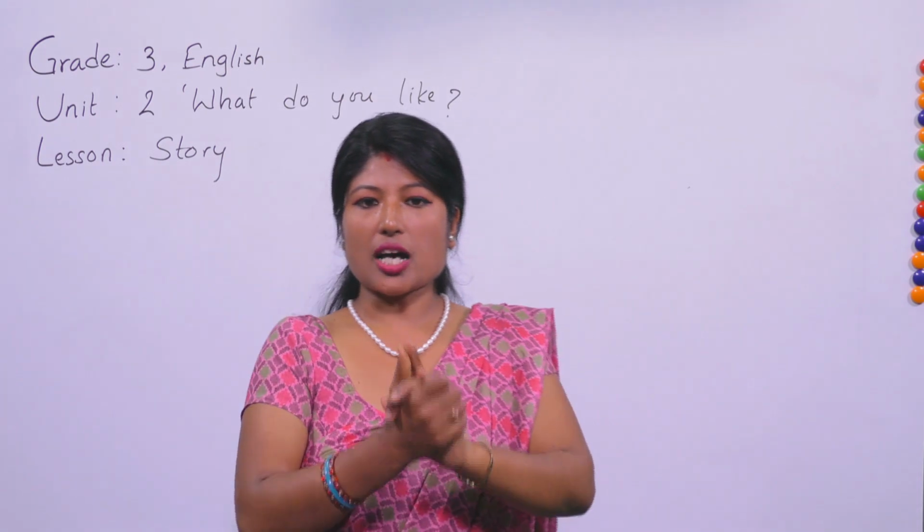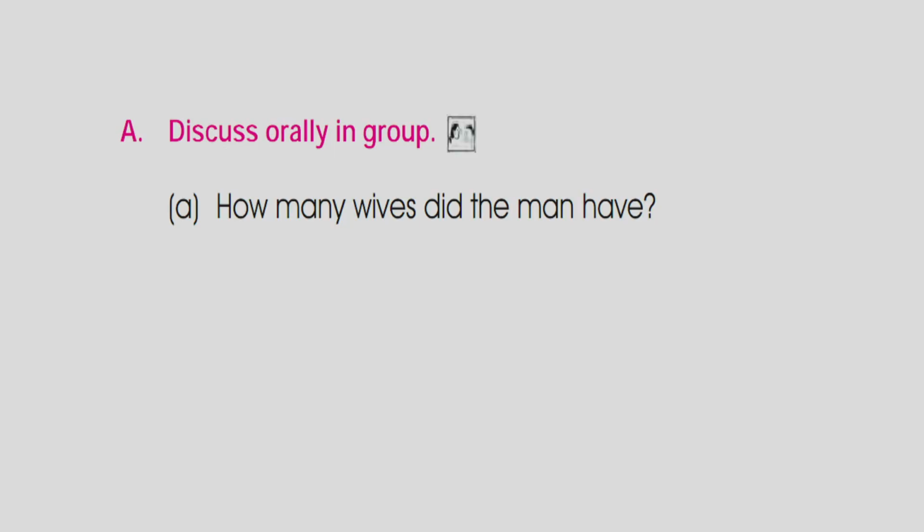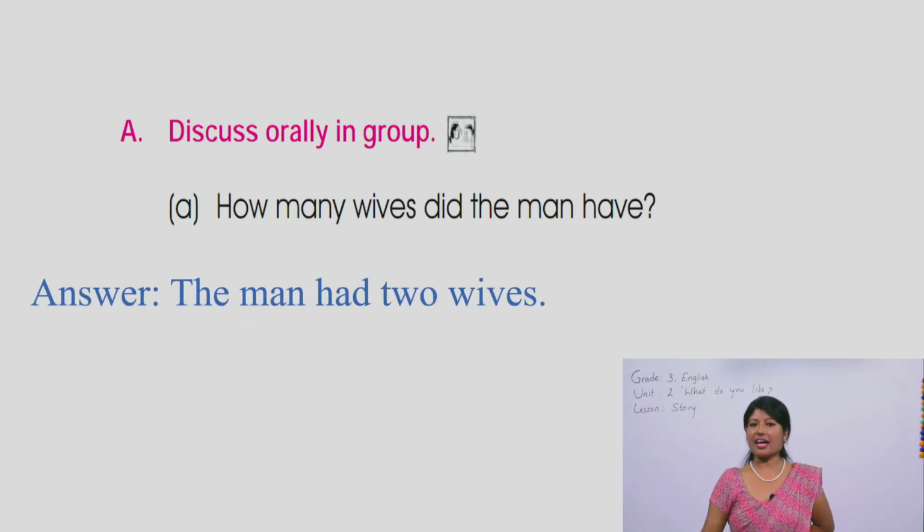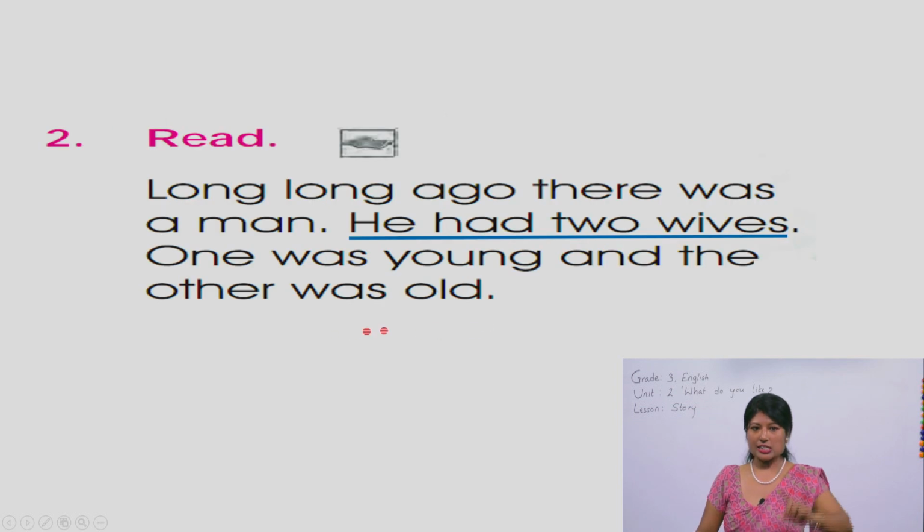Here's the first question. How many wives did the man have? From the initial picture we can see that the man had, so how do you write the answer? The man had 2 wives. Where can you find this answer? You can find this answer in the first paragraph itself. First paragraph, second line. See here, I have already underlined it for you.